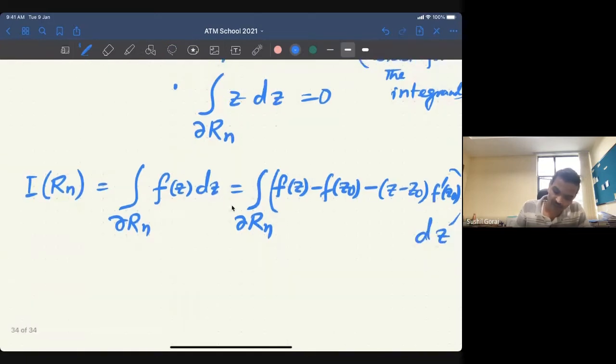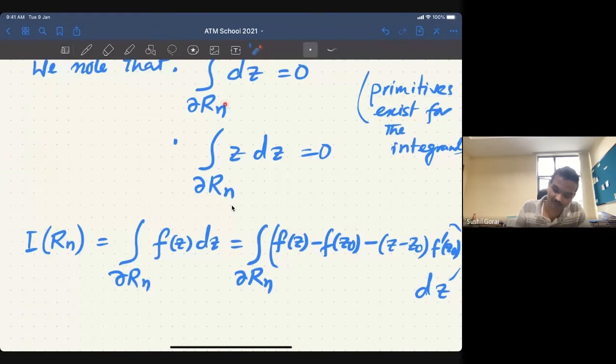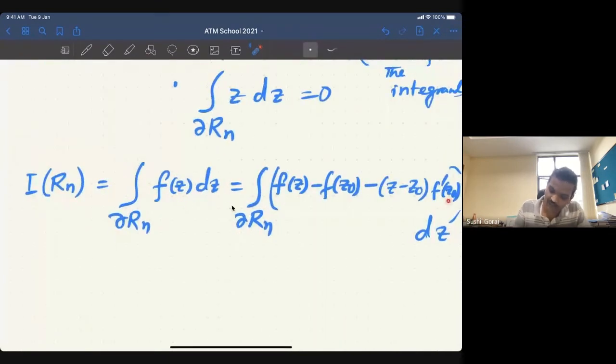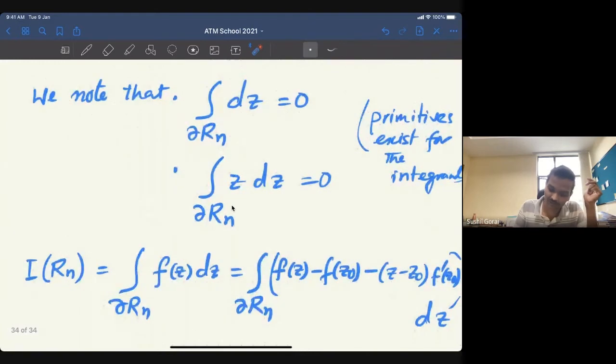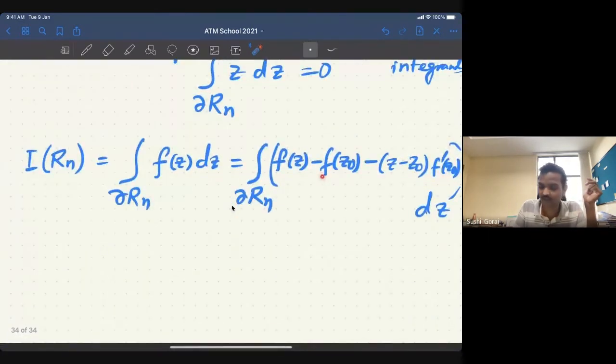All right. So note what did we do? This is a constant, so the integration over del Rn of 1 dz is 0 here. And here, f prime z naught is again a constant, so it comes as the integration of z dz, which is 0. And z naught f prime z naught, both of which are constants, boils down to the same. So the integration is 0. So subtracting these things does not actually contribute anything to the integration.